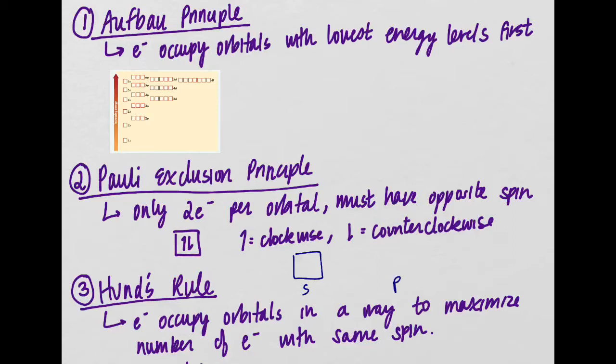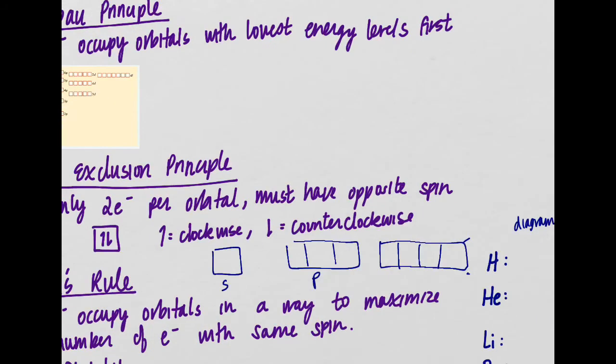A P sublevel has 1, 2, 3 orbitals, and a D sublevel has 1, 2, 3, 4, 5. That's the D sublevel. So each little square is 1 orbital, and each orbital can hold 2 electrons.